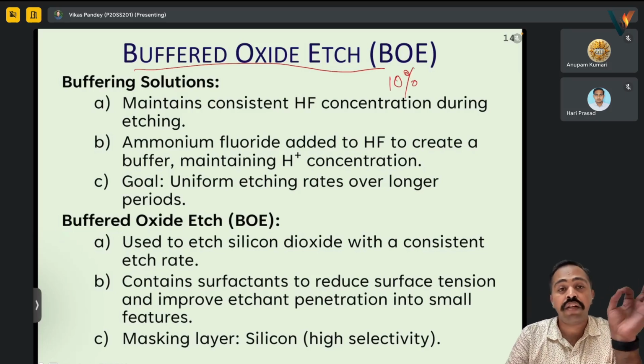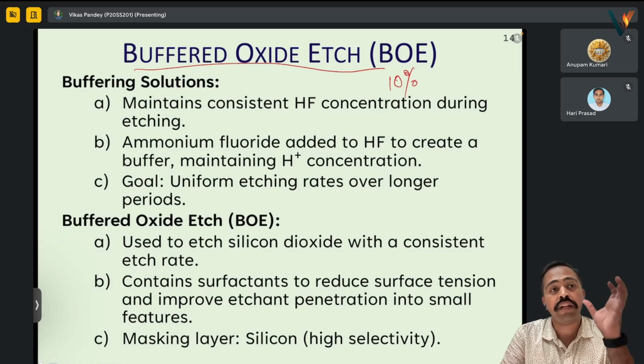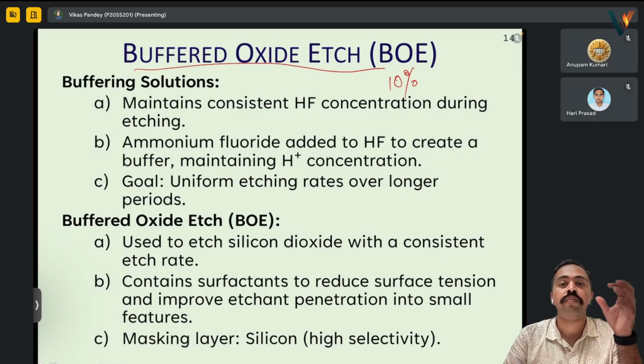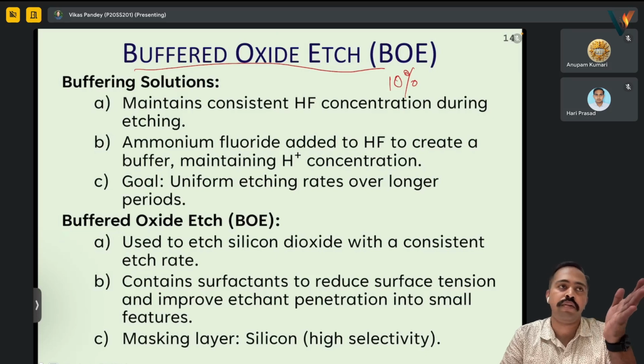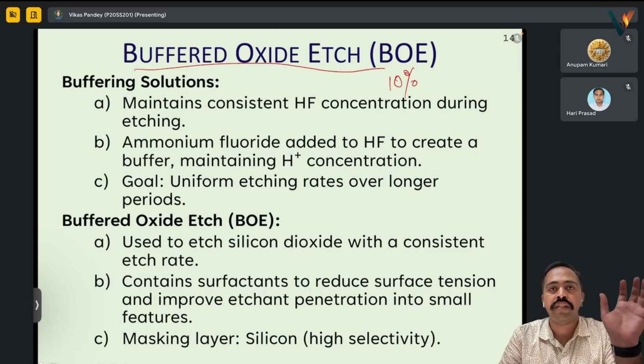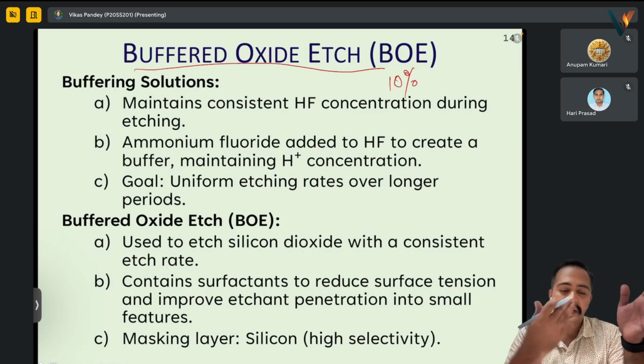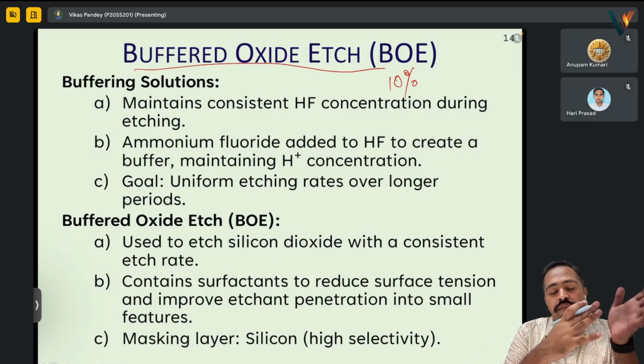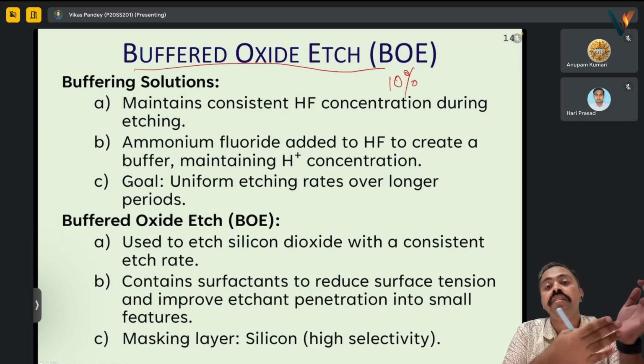If it is buffered oxide etch, it will remain 10% throughout. But if it is normally diluted with DI, it might decrease to say 8%, or it might become 2% after some time, because the reaction is taking place and the complex forming with SiO2 is also dissolving, and that might decrease the concentration. Fine.